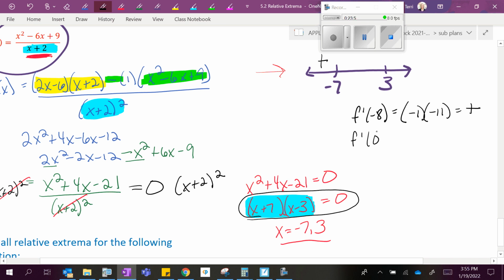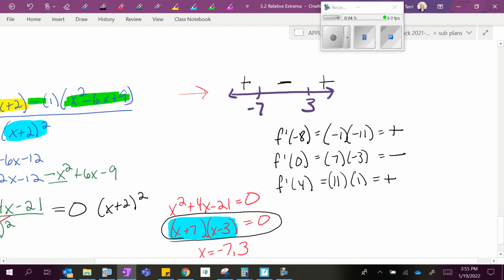If I choose 0 for my middle interval, I get a 7 and a negative 3. So I'm decreasing. And if I choose, let's say, a 4 for my last interval, I get an 11 and a 1. I get increasing. Okay.